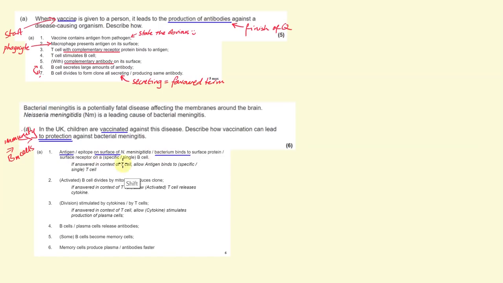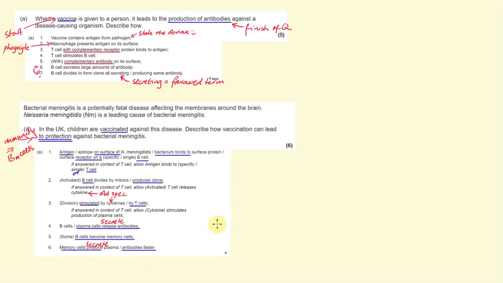Notice that you would get the mark if you talked about it binding to a T cell. You need to talk about the B cell producing a clone. Don't need to talk about cytokines. That B cell is stimulated by T cells, and I would personally just jump straight to talk about plasma cells secreting antibodies, but that they also turn into memory cells, and those memory cells cause the secretion of more antibodies.